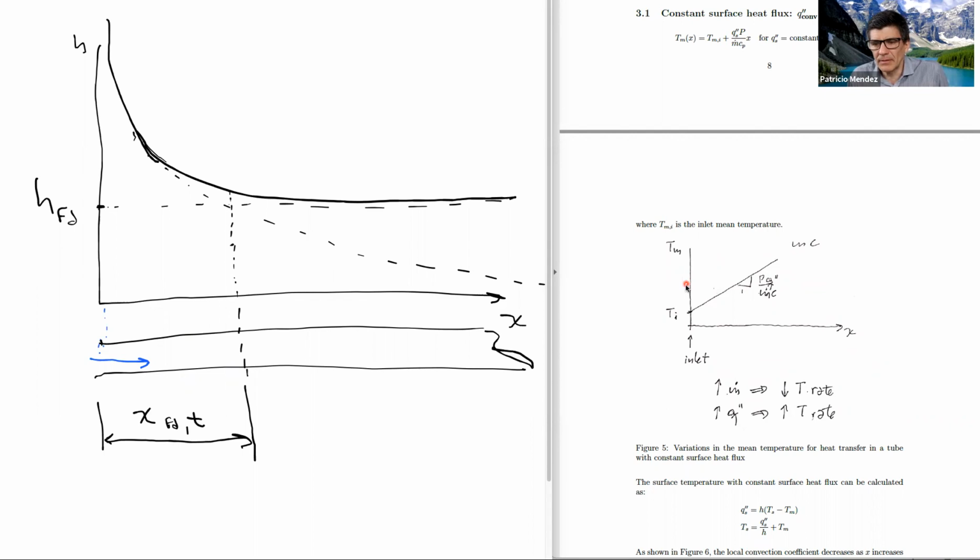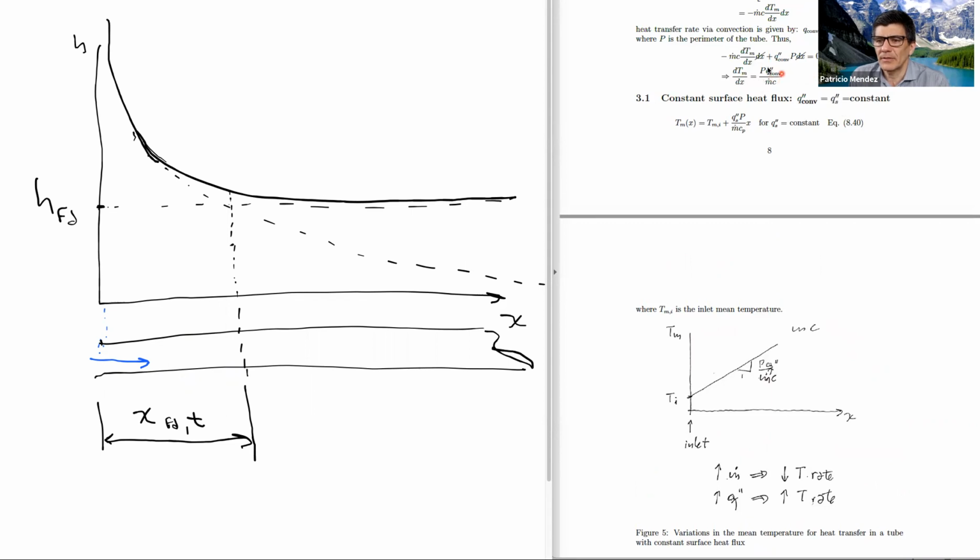So in this case, right, in this graph, X is the direction into the pipe, the direction downstream. This vertical axis is the mean temperature of the fluid, right? And we can solve this equation that we have here. If the surface heat flux, Q double prime, is constant, right?